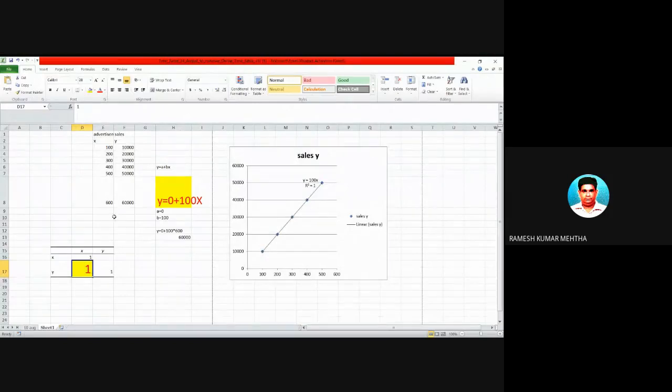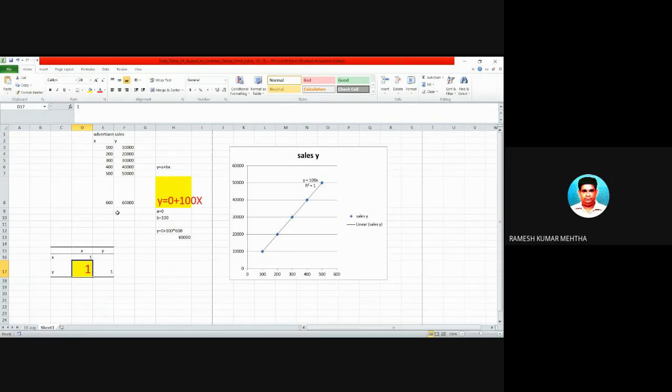Please remember the rule for correlation: the correlation should be between -1 and +1. -1 indicates a strong negative relationship, and +1 indicates a strong positive relationship. So please remember it is a rule that correlation will always lie between -1 and +1. -1 says that there is a strong negative relationship between the dependent variable and the independent variable.